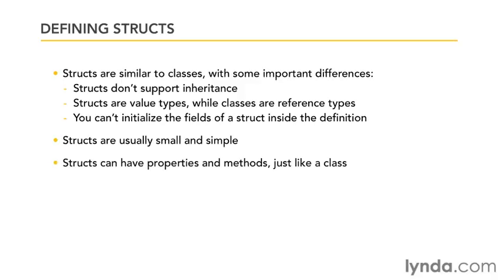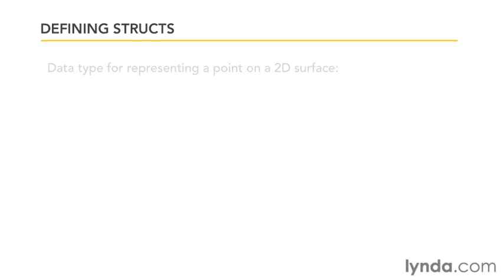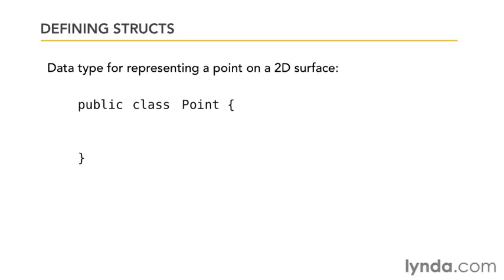Now, structs can have properties and methods just like a class can. You just have to remember that they're not really classes. You can't have inheritance. There's all kinds of things you can't do. So let's take a look at a real example. Suppose we wanted to define a data type for representing a point on a two-dimensional surface. Well, we could do that with a class, right? We would say public class Point, and we would have an x coordinate, and we would have a y coordinate.